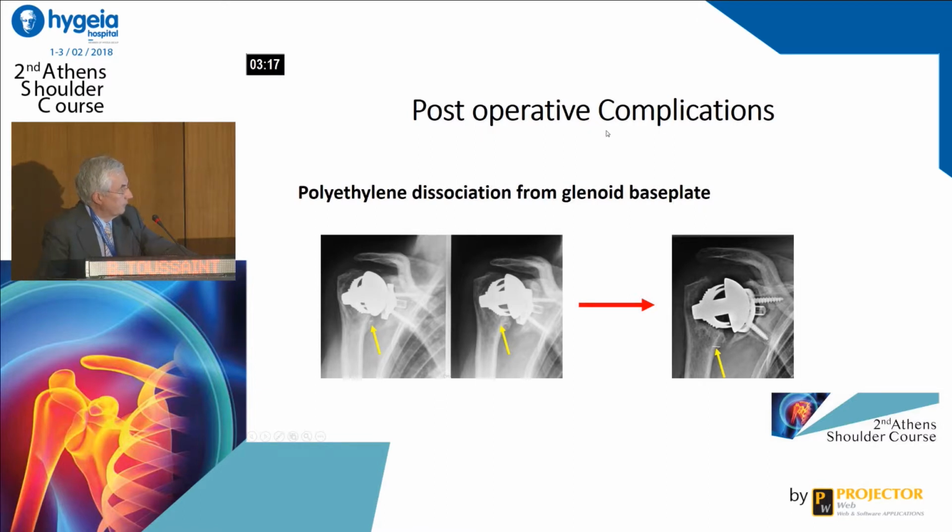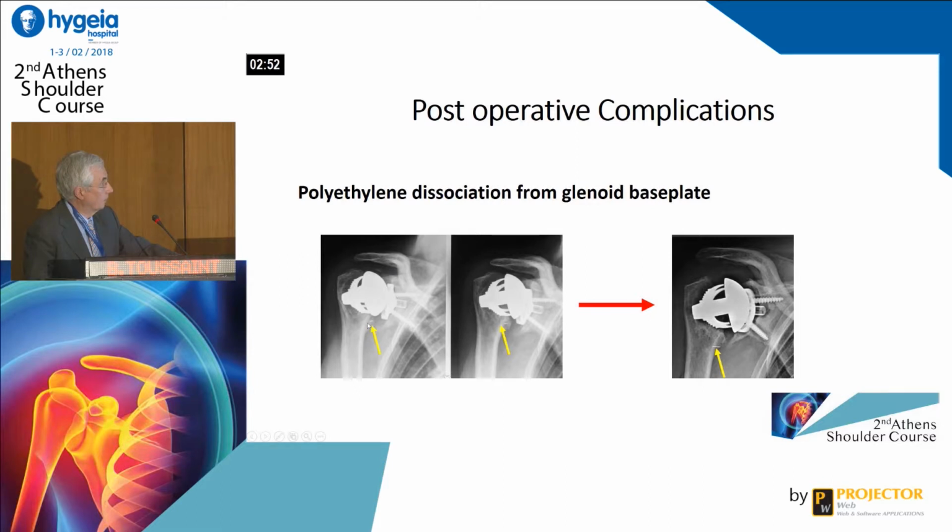You have a specific complication with the metal back. It was demonstrated first with the first generation of metal back from the Equalis prosthesis, but different prostheses have the same problem. When you implant the polyethylene into the metal back, you can have a dissociation of the polyethylene.